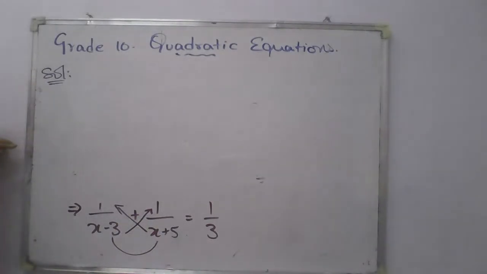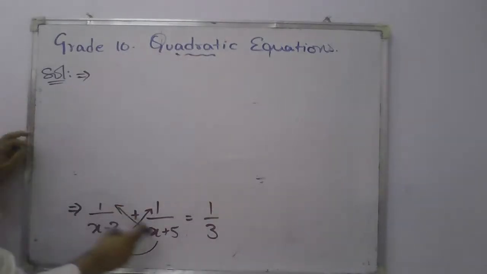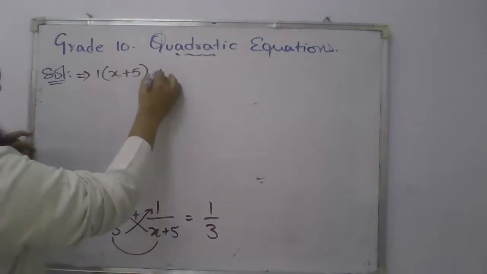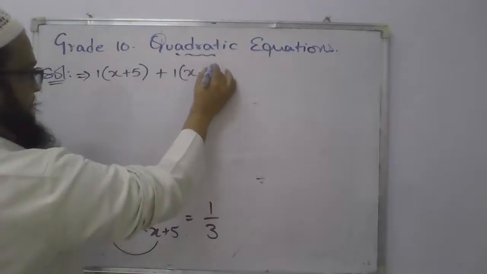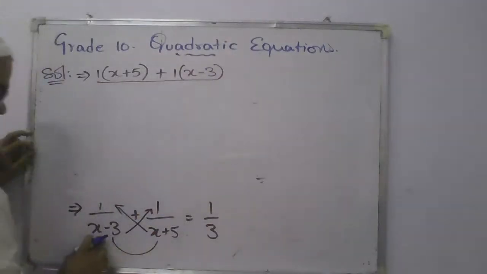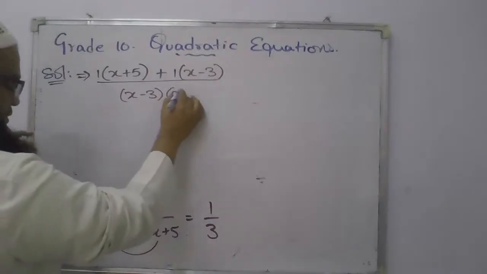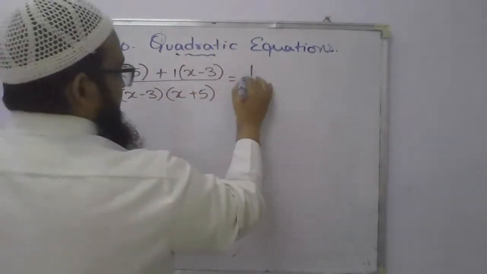This is the way we do LCM, right? So 1 into x plus 5, plus 1 into x minus 3, and in the denominator you have x minus 3 times x plus 5, equals 1 by 3.